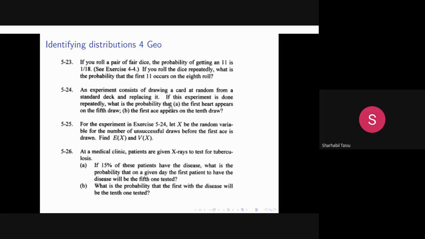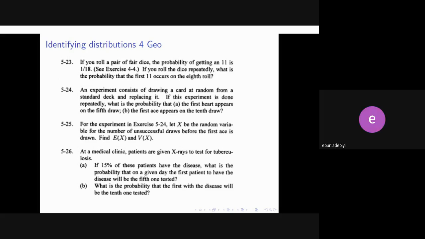Now, we're looking for the probability that the first heart appears on the 5th draw, which means the first draw, no heart, second draw, no heart, third draw, no heart, fourth draw, no heart, and then on the 5th draw, you get a heart. That makes it geometric, because geometric is about the number of failures before the first success.